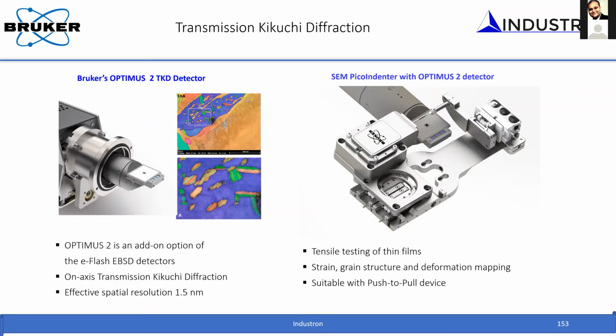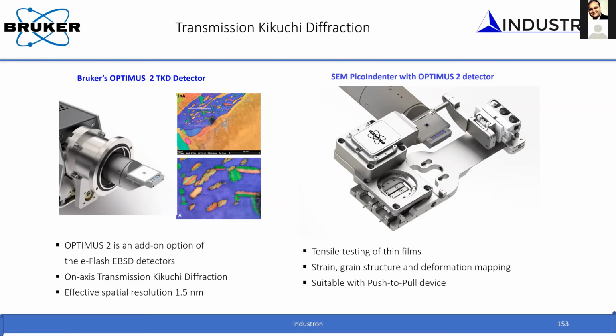So it is almost like EBSD, but a transmission EBSD, so the material needs to be electron transparent. Because of that, we need a special arrangement, and we have adapters for that. So if you have a TKD detector in your SEM, we can have this system, and then you can do, similar to EBSD, a much higher resolution understanding of grain rotation, orientations, and plastic deformations.